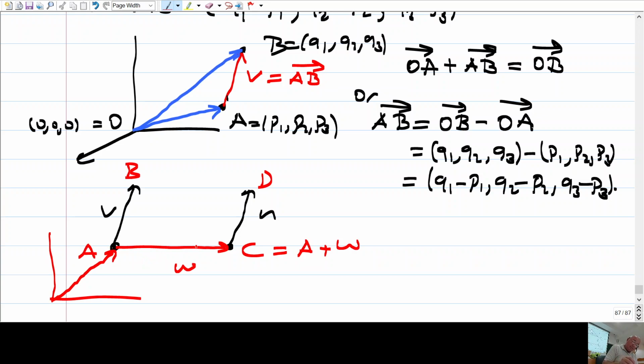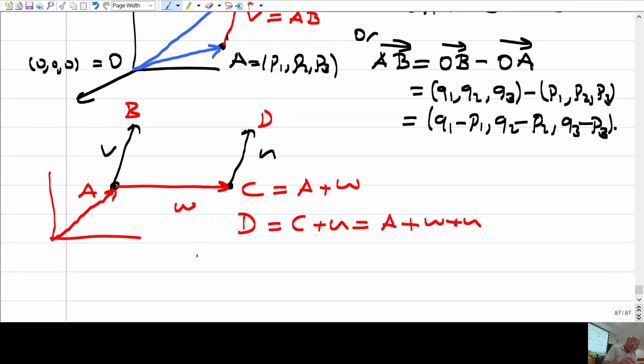D is C plus U, so it is A plus W plus U.